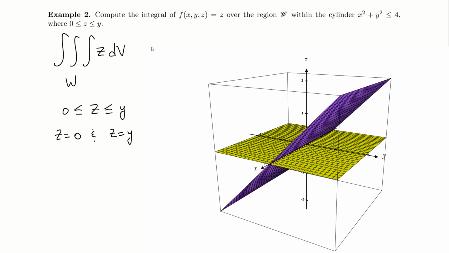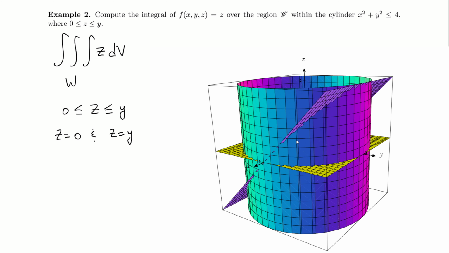And now we also want to be within the cylinder. This is a cylinder of radius 2 centered at the origin, so we can graph that as well. This would be an implicit surface, so we can do x squared plus y squared equals 4 for the moment.